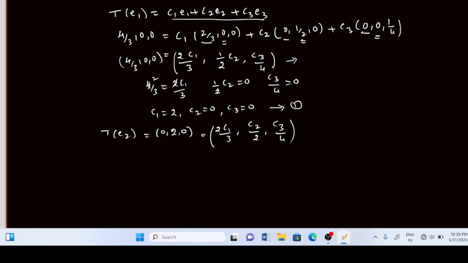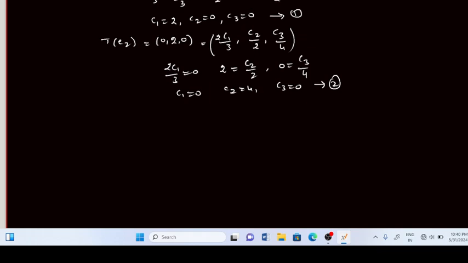Now if we compare these two, we get 2C1/3 is 0, 2 is C2/2, 0 is C3/4. So we can simplify this. We get C1 is 0, C2 is 4, C3 is 0. So we have this as equation number 2.